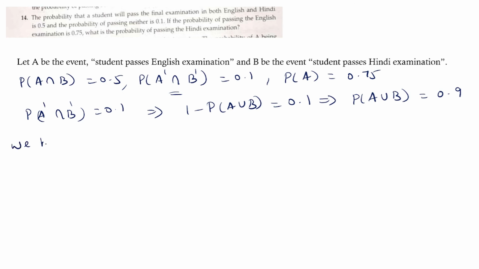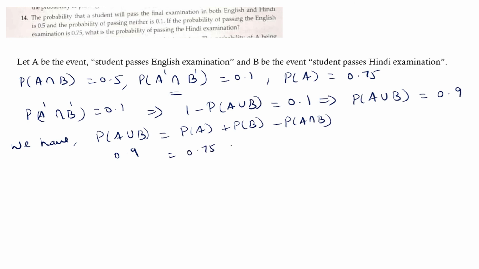Now using the addition theorem on probability, P of A union B equal to P of A plus P of B minus P of A intersection B. So P of A union B we just now got 0.9, P of A is 0.75, P of B we need to find, P of A intersection B is given as 0.5.